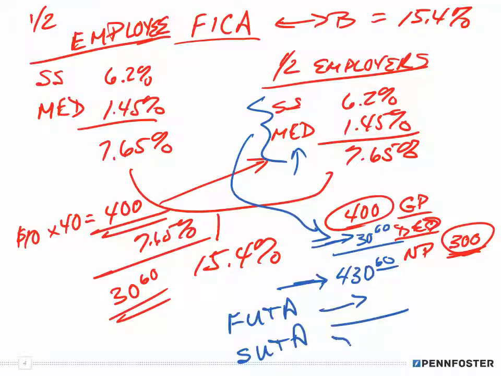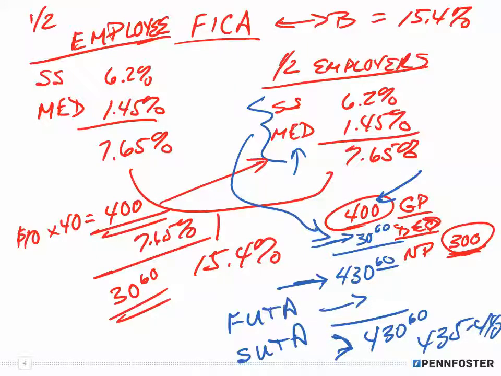So you're going to end up being paid something that's greater than the $430.60 as your bottom line. Most people only think they're being paid $400, when in reality it's probably going to be closer to $435 to $440, okay? So let me erase some of this here.